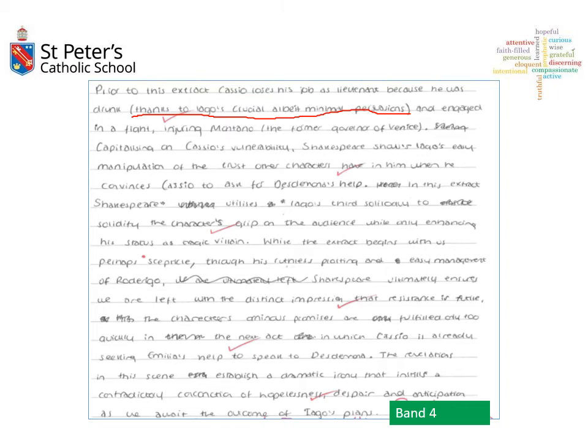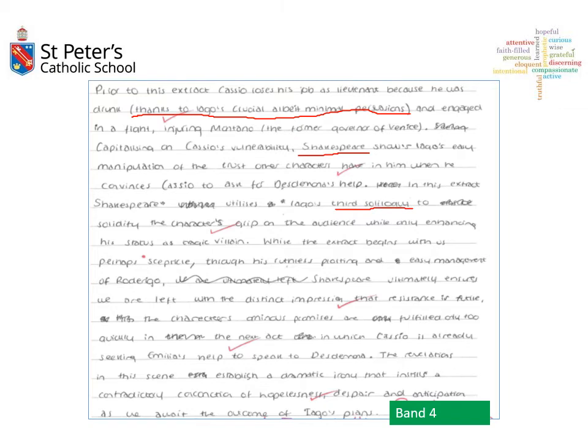So we've got what's happened before, so we can identify this. Capitalising on Cassio's vulnerability, Shakespeare shows Iago's easy manipulation of the trust other characters have in him. So we're focusing on Shakespeare and what he's doing. Okay, you always want to get Shakespeare in there as often as you can. We then develop: in this extract, Shakespeare utilises Iago's third soliloquy. Look at the precision of the knowledge there.